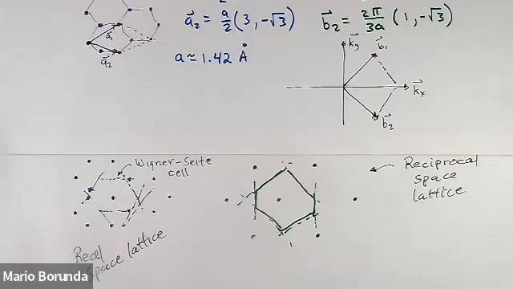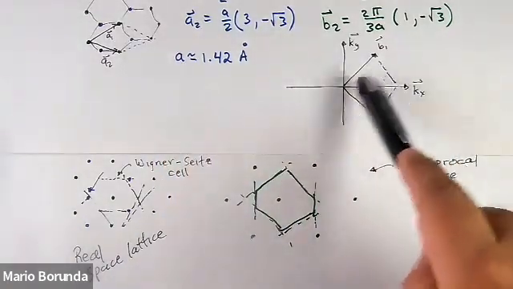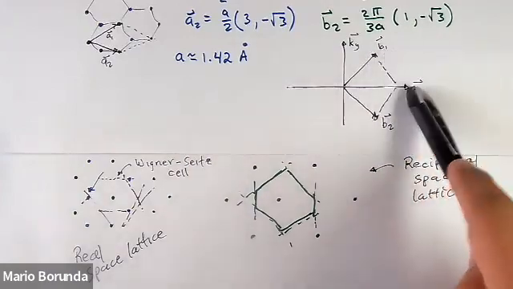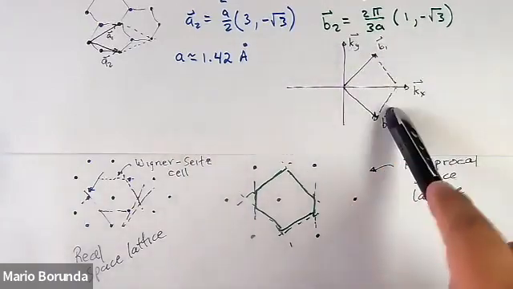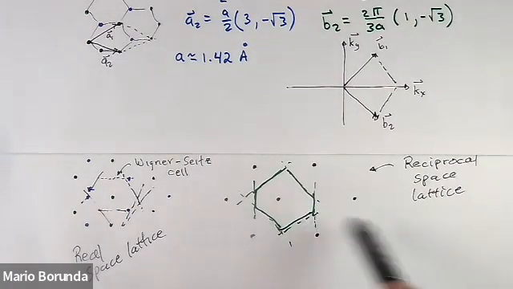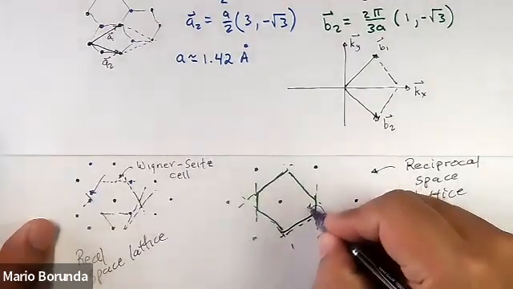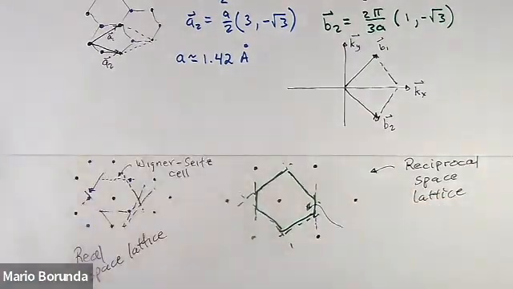We can do the same for these guys. This is a unit cell too, right? In reciprocal space, this is the reciprocal space lattice. This guy right here is also done by the Wigner-Seitz construction, but when it's in reciprocal space, it's not called the same.